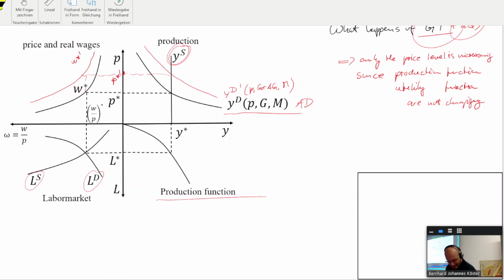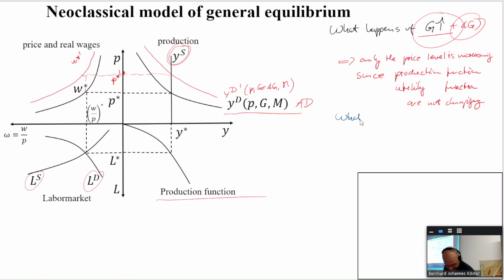Okay, and then what happens if M is going up? Again, we see M, we find M also only directly in our AD curve.